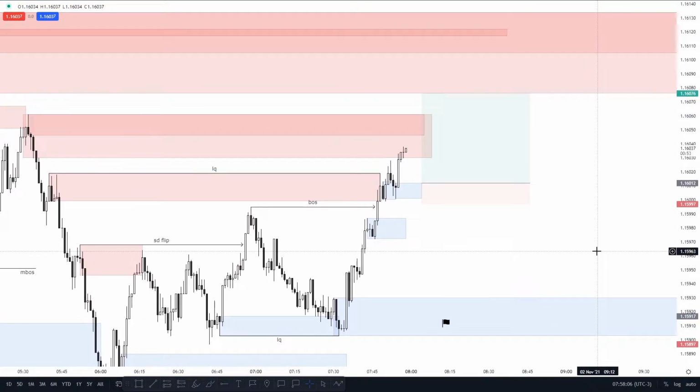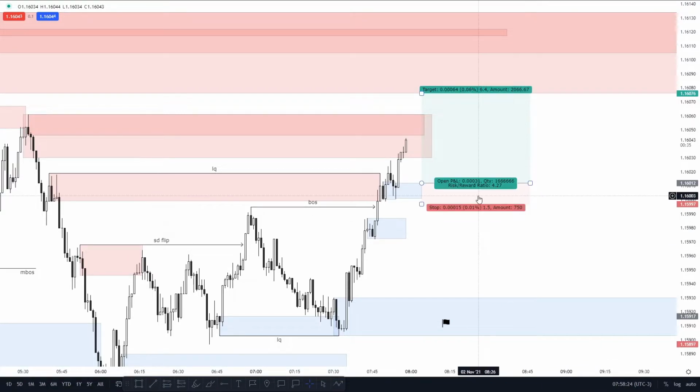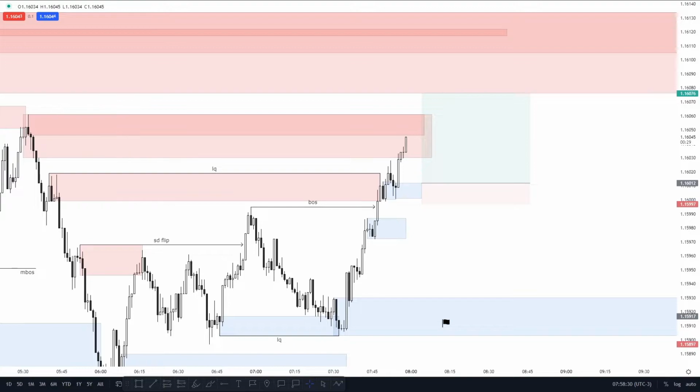To remember. How much is this? 1.5 and 1.5 is 333. We'll just have it there, just in case.